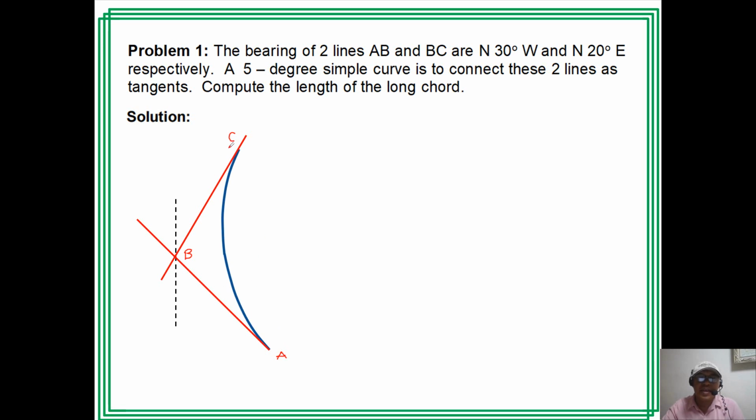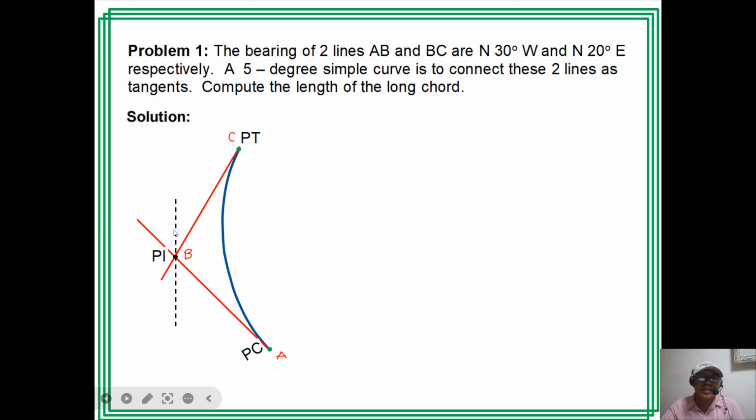So lines AB and BC are tangents to a circular curve. So we have here the circular curve. Okay. So the curve started at A, which is the PC, and at C, which is the PT. Then the tangents intersect at B, which is the point of intersection.